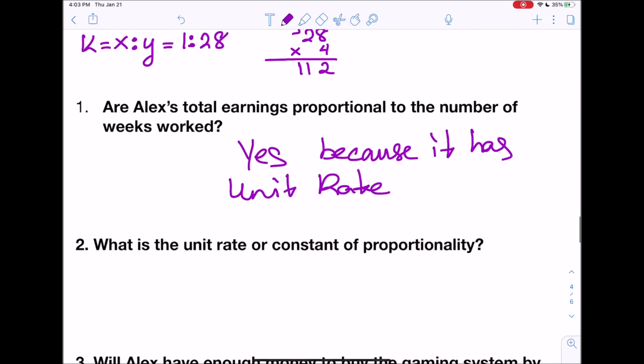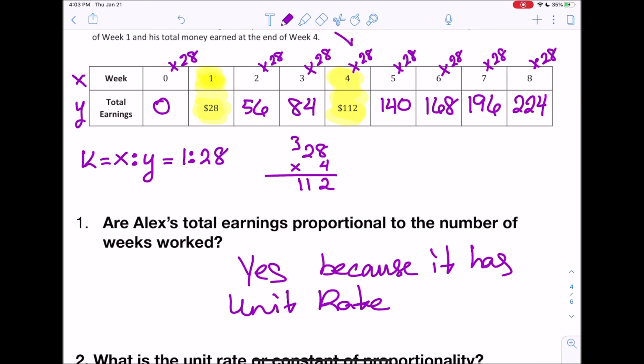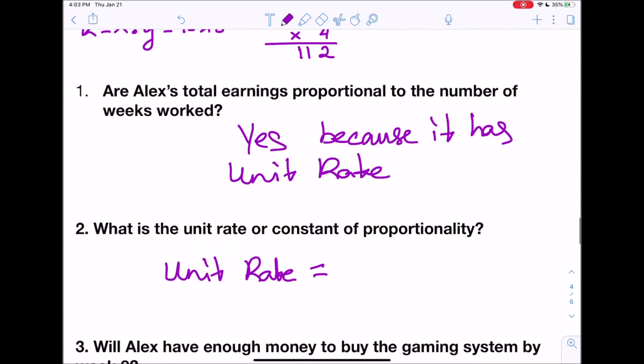What is the unit rate or the constant of proportionality? Remember, unit rate, constant of proportionality, same thing, just different ways of calling it. So our unit rate equals, what did we have to multiply x by each time to get y? 28. So that means our unit rate is 28.